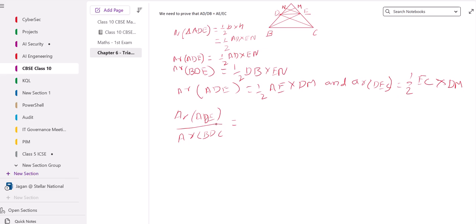Now we know area of ADE is half AD into EN, and area of BDE equal to half dB into EN. Now we can strike out EN, and then half and half also can be striked off. Now what is left is AD by dB.